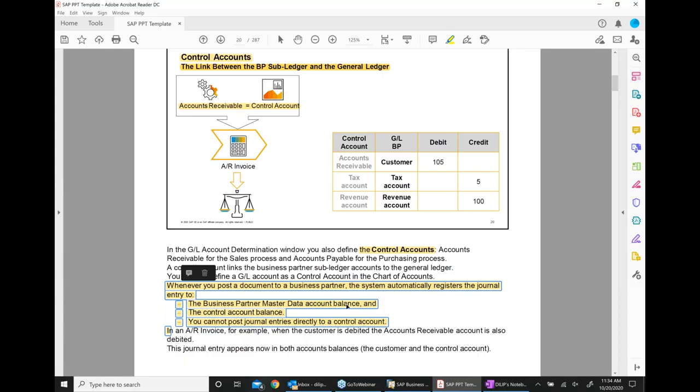This customer has a balance of 10,000, this customer has a balance of 25,000, this customer has a balance of 50,000. Every customer could have a different account balance, which is what that customer is supposed to pay us. Then we also have something called control account balance. So simultaneously, when we update the balance of the business partner, the system also makes an entry to the control account as well.